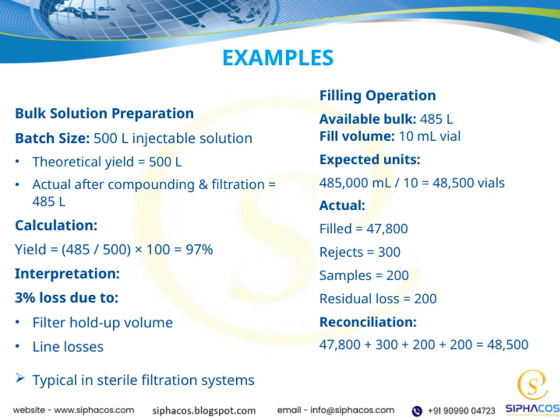Additionally, there were 300 rejects, which are vials that didn't meet quality standards. We also accounted for 200 samples taken for testing and a residual loss of 200 ml, which can occur due to line residuals or other process losses. When we do the reconciliation, adding up the filled vials, rejects, samples, and residual loss, it totals back to our initial bulk volume of 48,500 units, confirming that our process is balanced and accounted for.